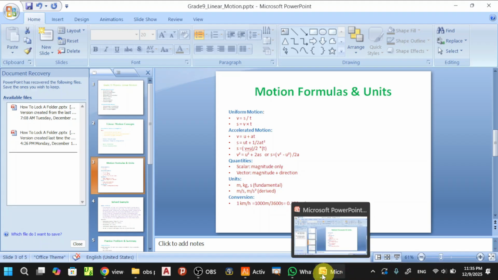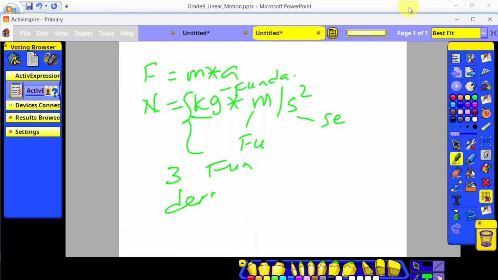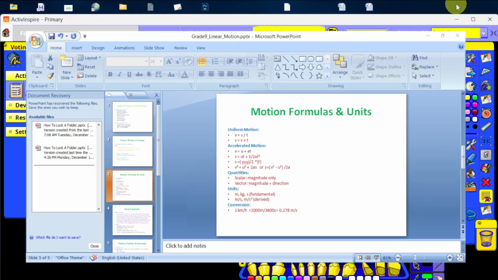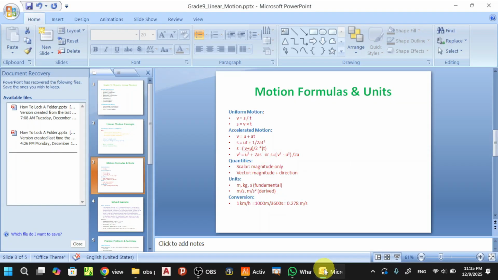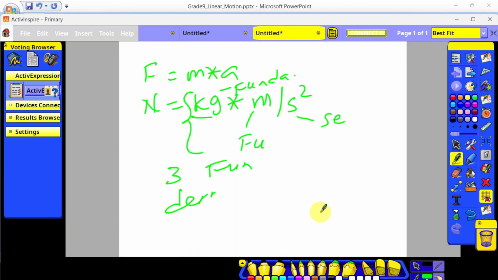So for conversion, let me show you how to convert units. 1 kilometer per hour: 1 kilometer is equal to 1,000 meters, divided by 1 hour, which is 60 minutes times, when you convert minutes to seconds, again 60.